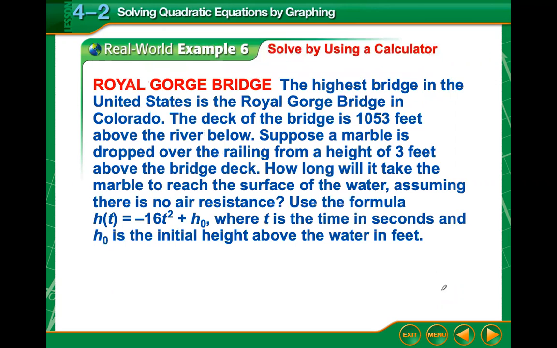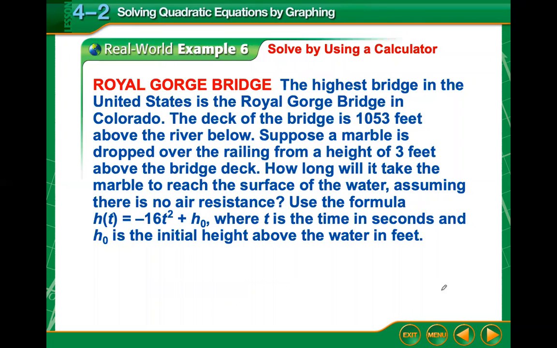All right, for our next example, we have you solve a real world problem. The highest bridge in the US is the Royal Gorge Bridge in Colorado. The deck of the bridge is 1,053 feet above the river below. Suppose a marble is dropped over the railing from a height of 3 feet above the bridge deck.